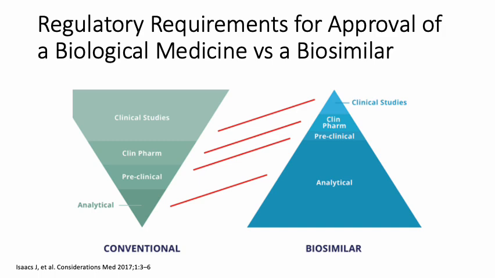If you look at the difference in approval of a biological medicine versus a biosimilar, you can see that you need, for the original medicine, clinical studies, clinical pharmacology, preclinical studies, and analytical.